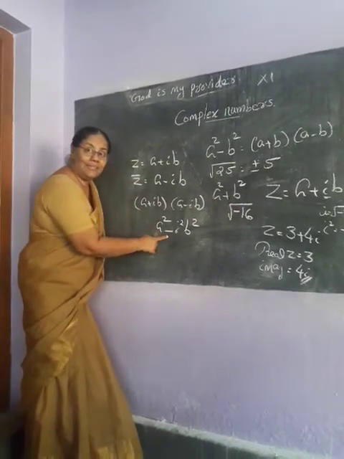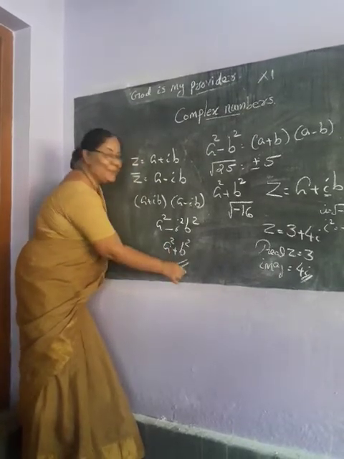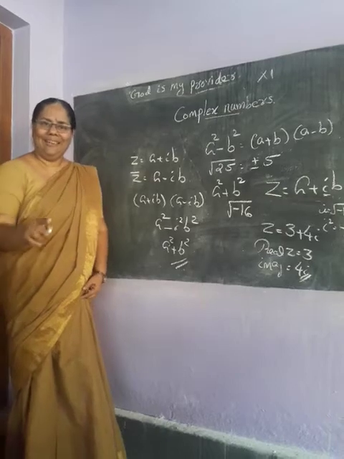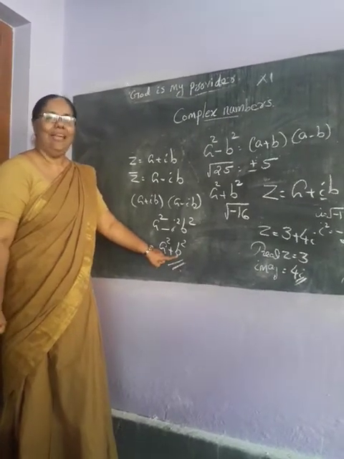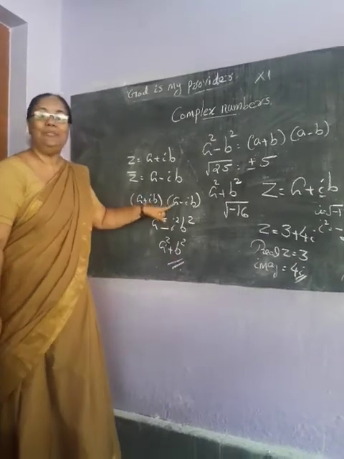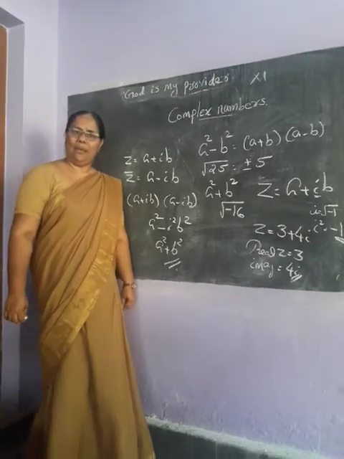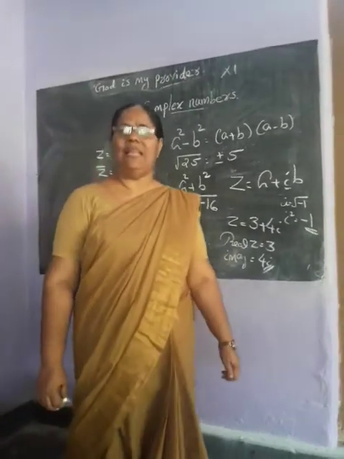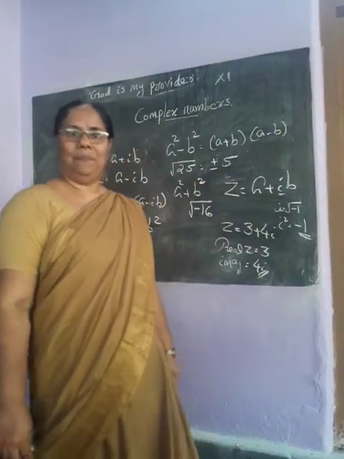Minus 1 into minus, that is a square plus b square. Then, how can you factorize a square plus b square? A square plus b square is equal to a plus ib into a minus ib. Got it?